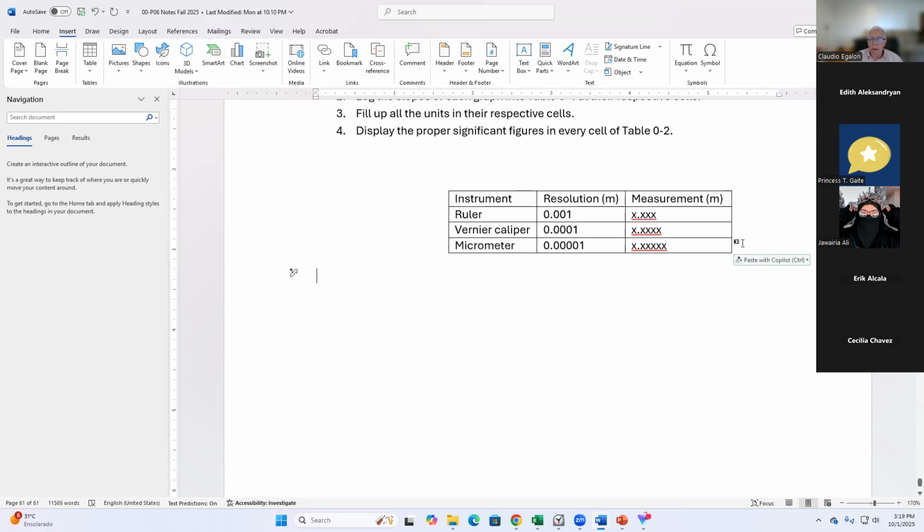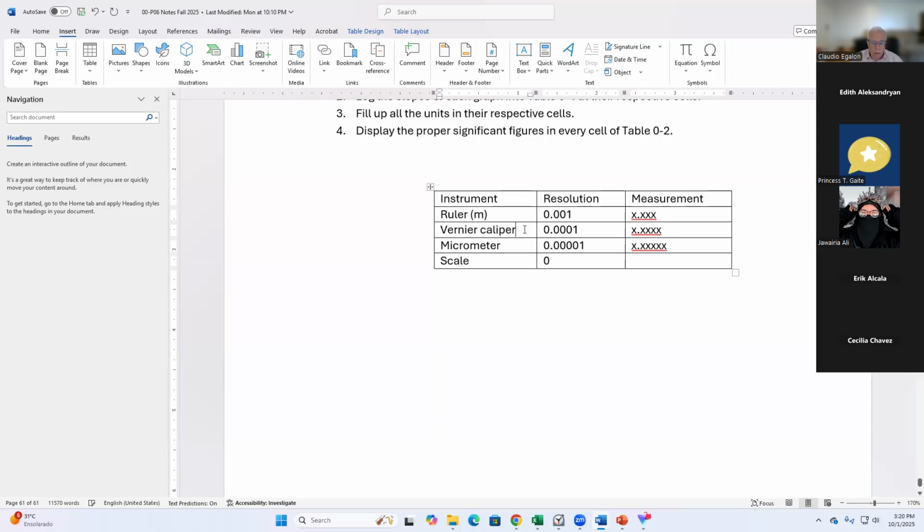Instrument: ruler, vernier caliper, micrometer, scale. What's going to be the resolution of the scale? Let's put the units elsewhere. We don't want to put the unit here. Here the unit is going to be in meters.